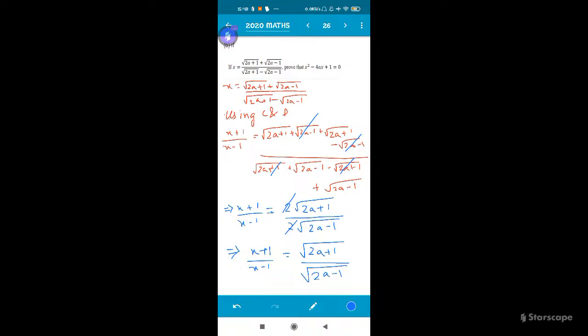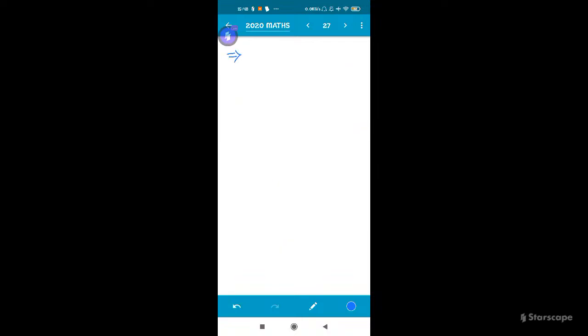Now we see that there is a square root on the right hand side. In order to remove the square root, we can do one thing. We can square both the sides, because with the square root we cannot prove what has been asked of us. So you have to write squaring both sides. What do you get on the left hand side? You will get x plus 1 whole square divided by x minus 1 whole square.